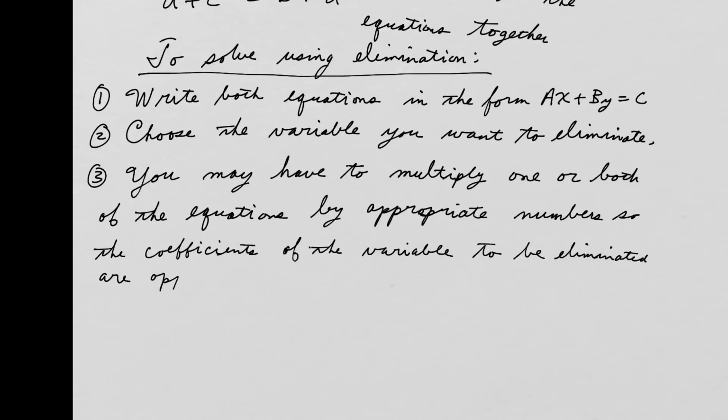Why do we want that? Because when we add those two, we want them to disappear. We want them to add to zero. So opposites will add to zero.